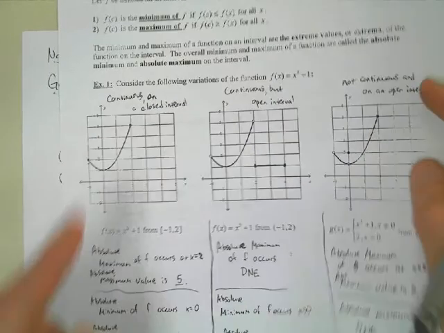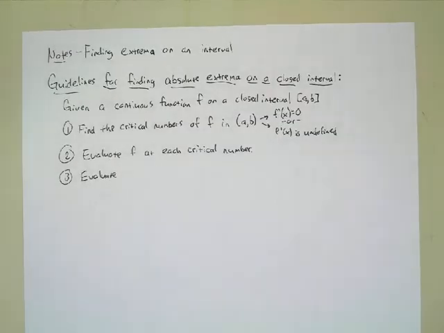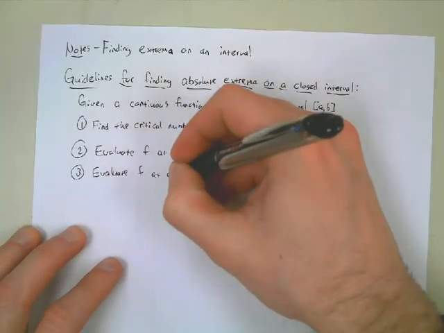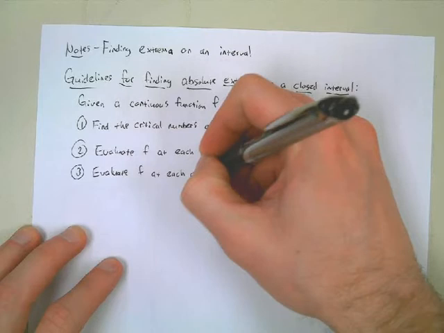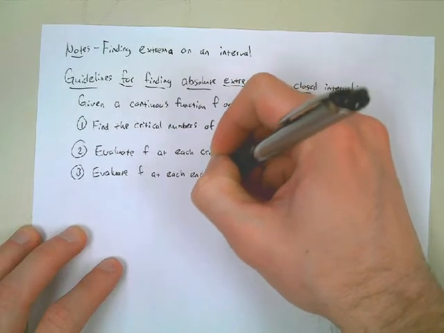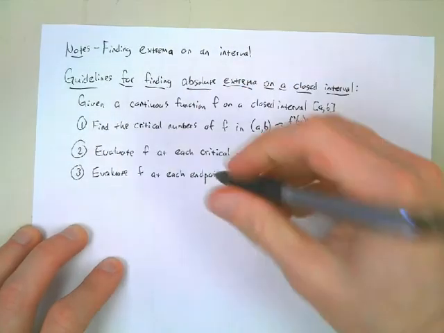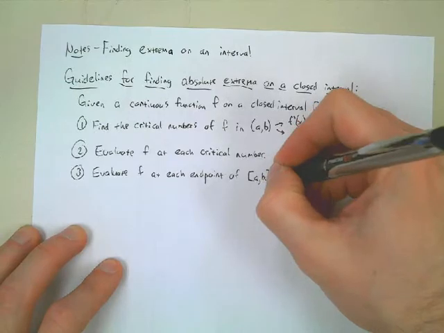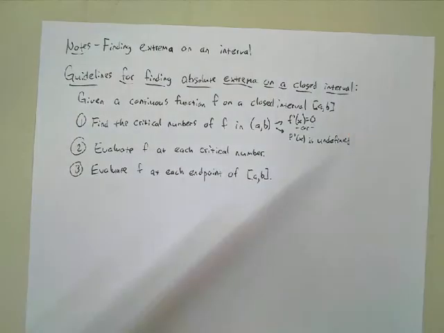So we also have to evaluate f at each endpoint of the closed interval AB. All right, so you evaluate f at your critical points, and evaluate f at your endpoints.